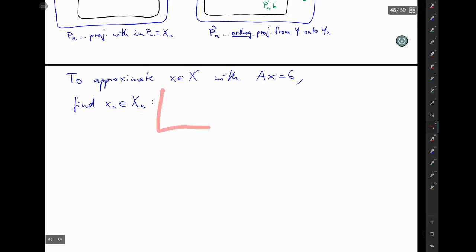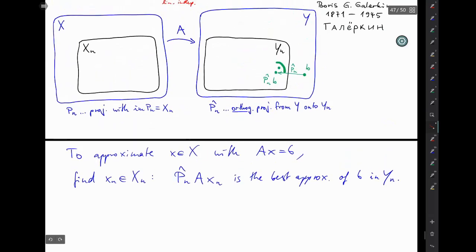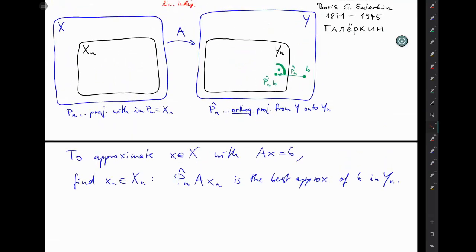Okay, but now here's the important condition coming. It says when you apply the operator A to your xn, and what you get you project down to your subspace yn, then you get the best approximation of the desired right hand side B in the subspace yn. So let's try to see that here.